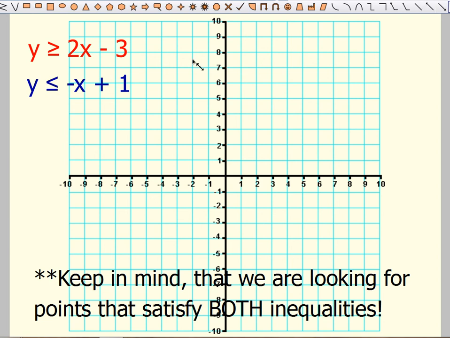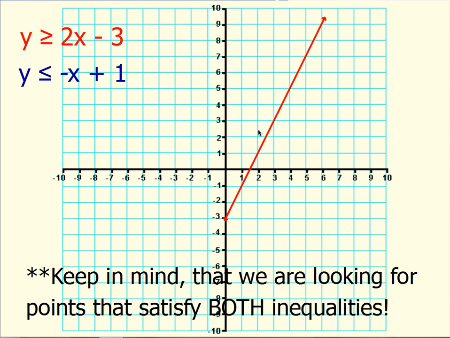So I'm going to graph that line first. This says to start at -3 and go up 2, right 1 from there. So we're going to be headed off in this direction. I'm going to extend my line so that it goes all the way across the graph. Make sure that you're doing the same. That's an important part of graphing.